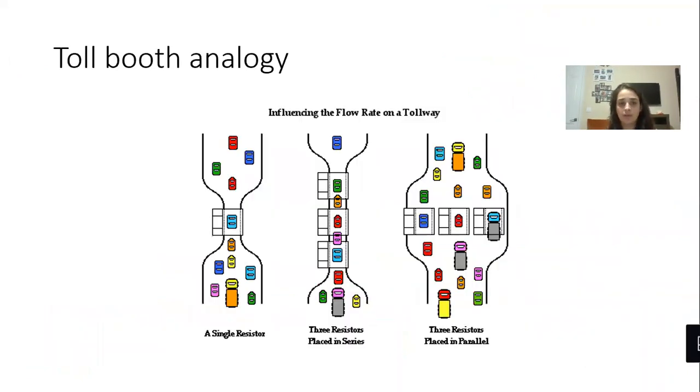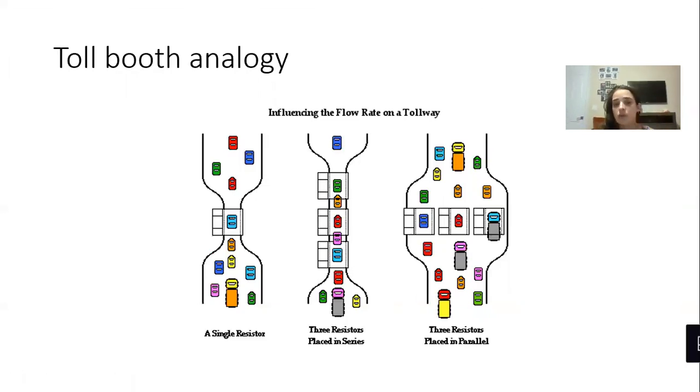All right, moving along. I just want to discuss this idea of resistance one more time. There's this thing called the toll booth analogy that can help us understand a little better the relationship between current, voltage, and resistance. This first image compares resistance to toll booths.